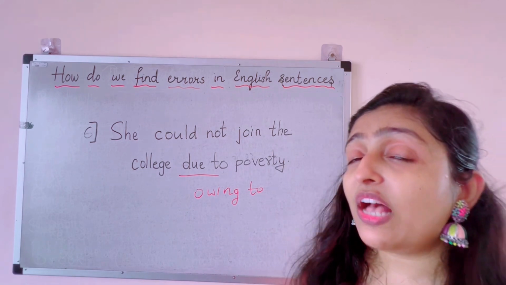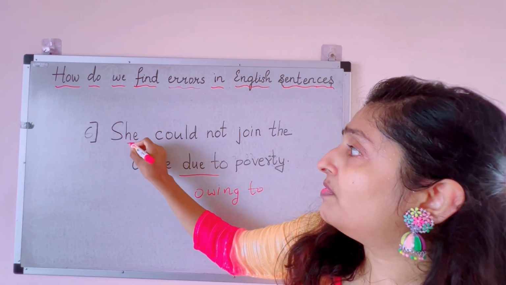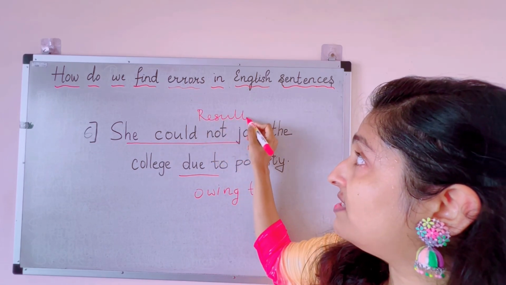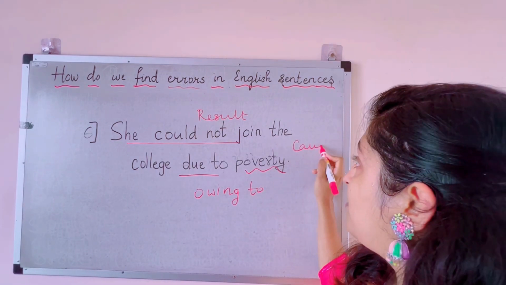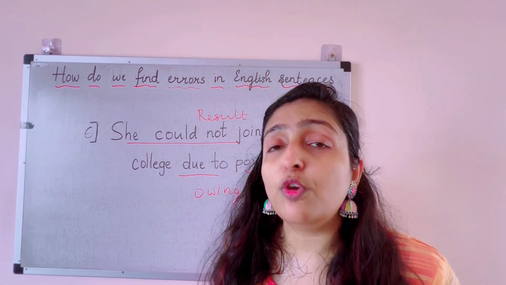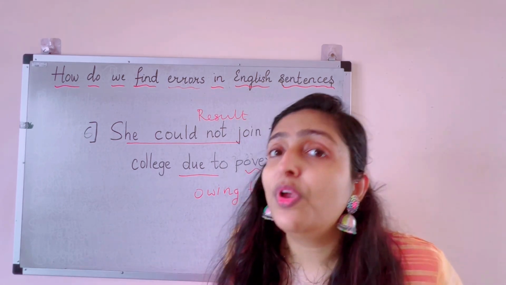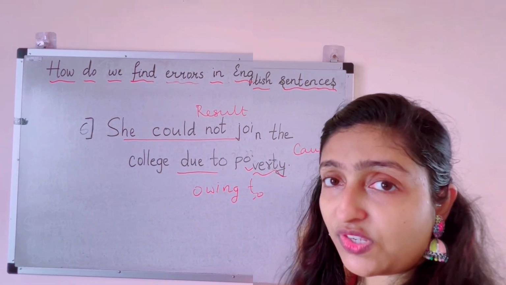Okay, if you ask me why, I would say that if there is a result in the first half of the sentence which is followed by a cause, then usually we use owing to. If you have to use owing to, then the result comes first and then the cause.